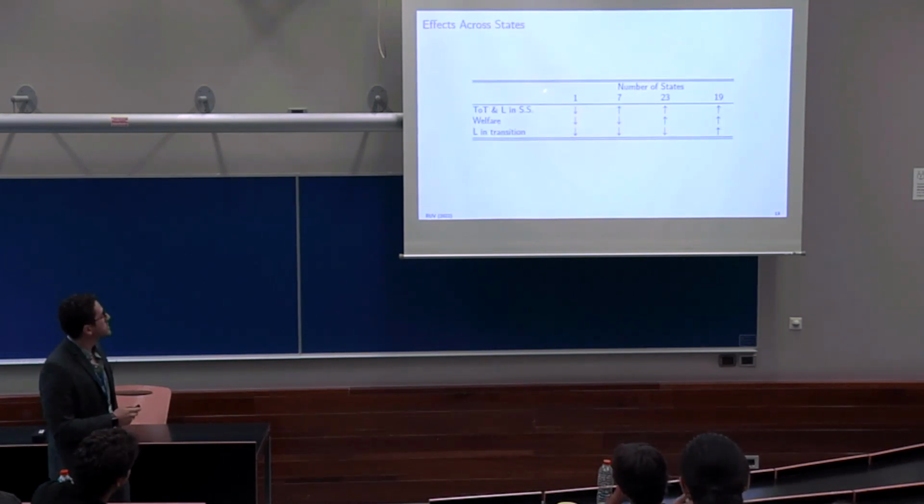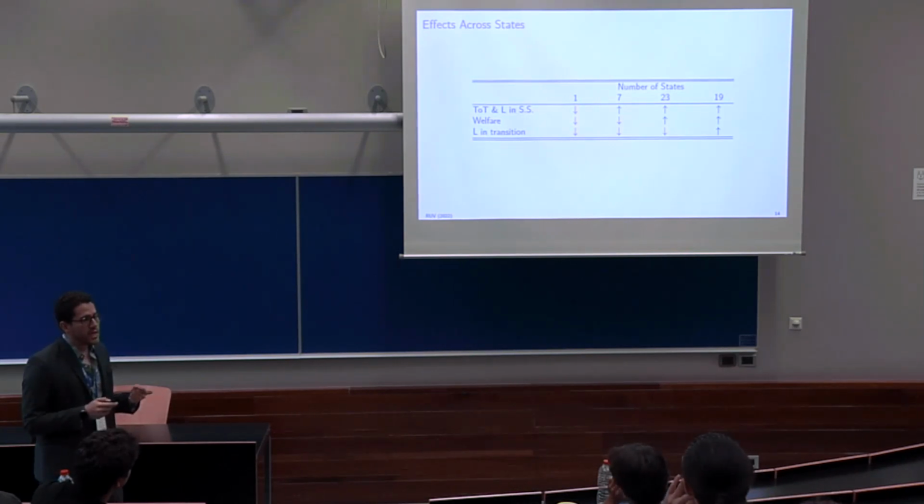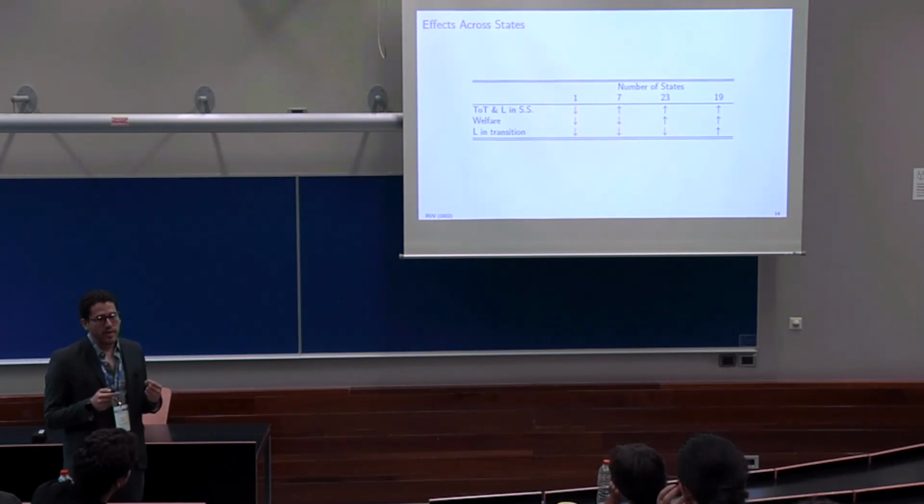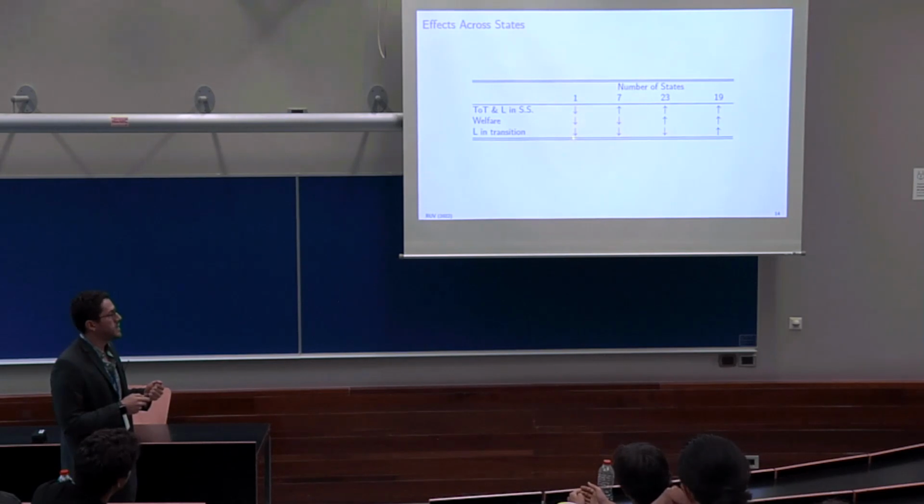And this is some of our results across states. We have that only one of the 50 US states actually suffers a fall in its terms of trade in the new steady state. And it also suffers a fall in welfare and a fall in labor in the transition.